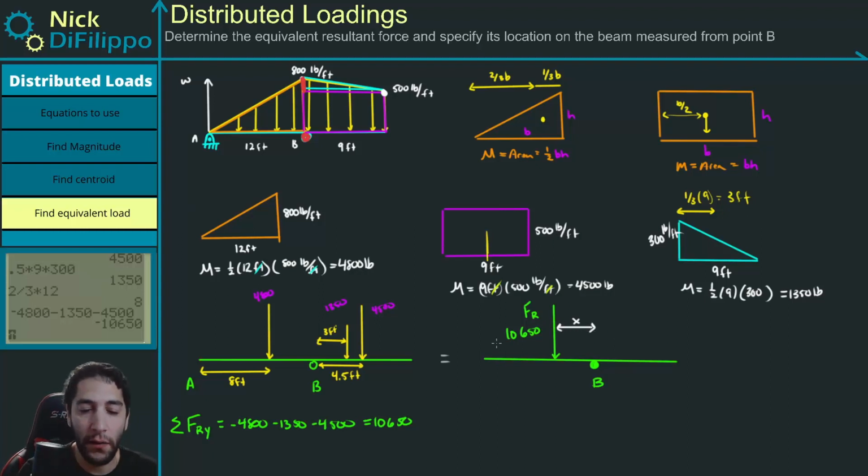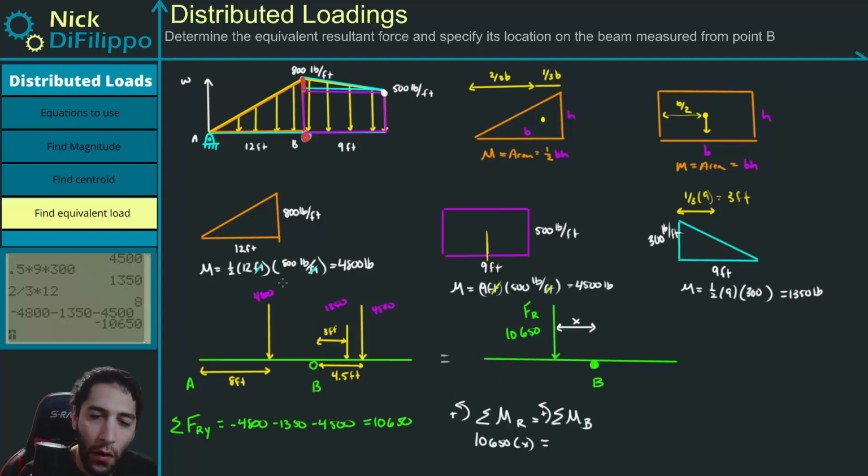To figure that out, we need to sum our moments. The sum of the moments of my reaction force is going to be equal to the sum of my moments about B. The moment of my reaction force is going to be this 10,650 if I'm going this way. So 10,650 times x is going to be equal to all of these.